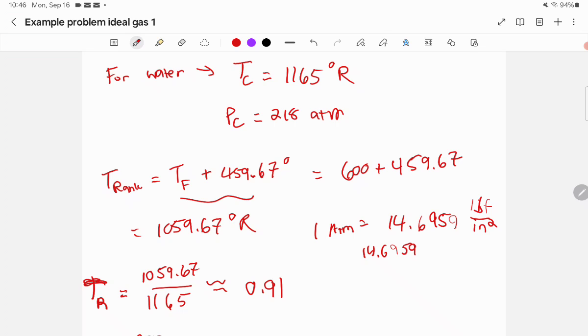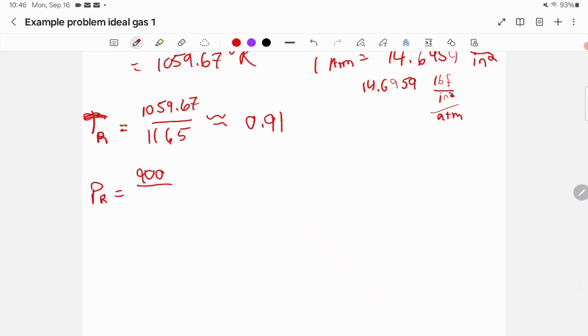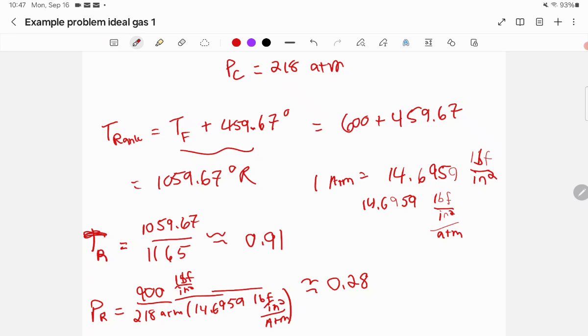So we just have to multiply that. So down here, what we're going to get is 218 atmospheres times 14.6959 pound-force per inch squared per atmosphere. And if you work this all out, it becomes approximately 0.28.